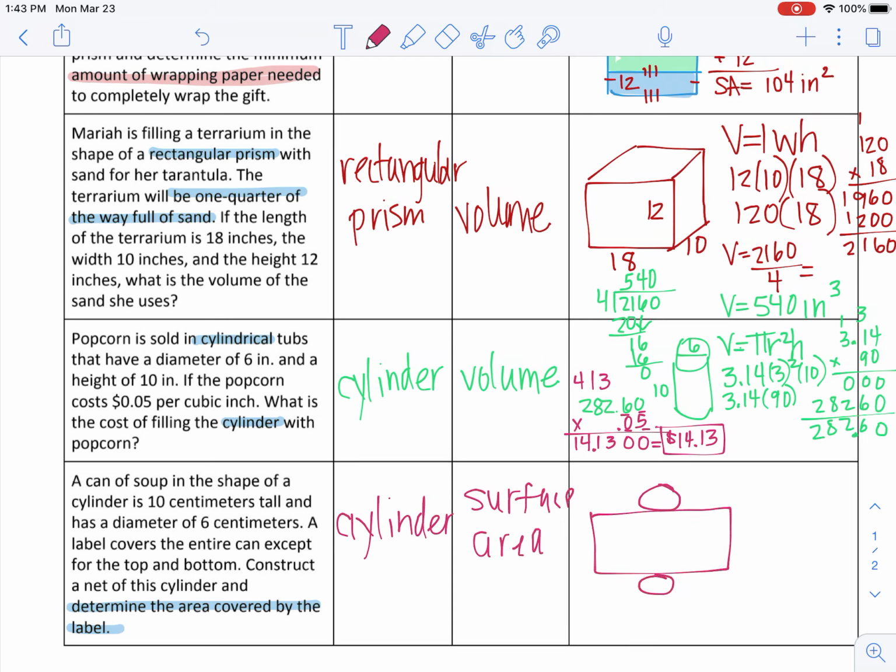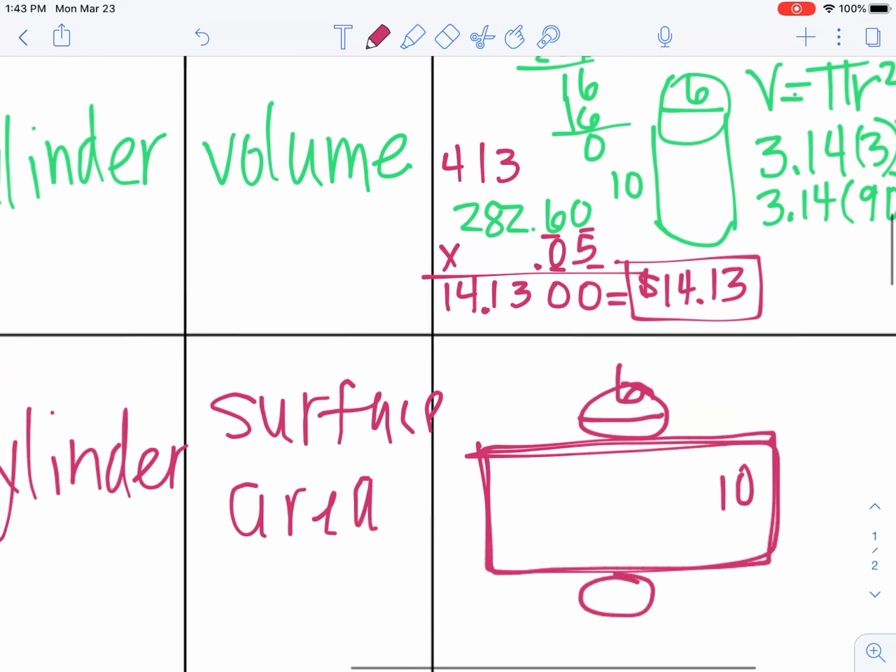Now keep in mind this cylinder is 10 centimeters tall and has a diameter of 6, but we're only covering this area right here. This should be the rectangle. All right, so we are only covering the top piece. So remember, this is the area of the lateral surface.